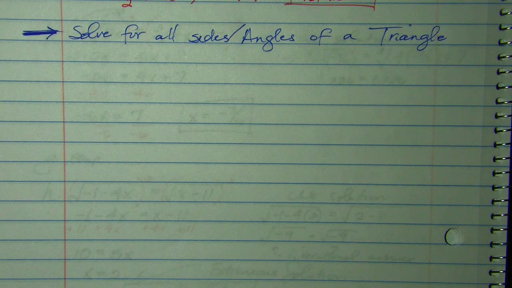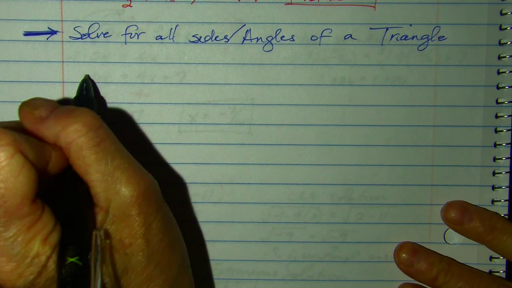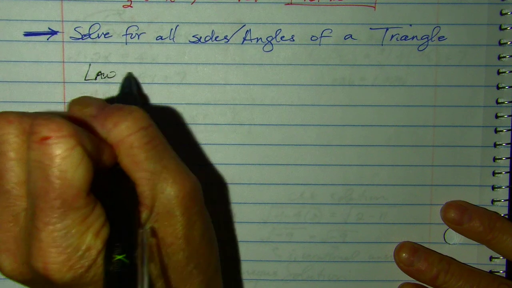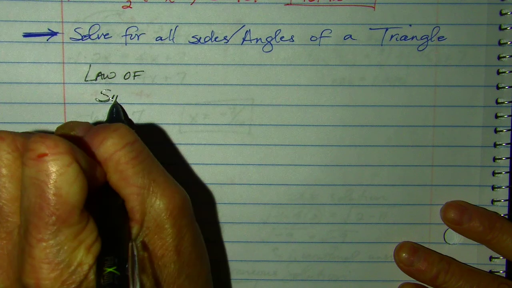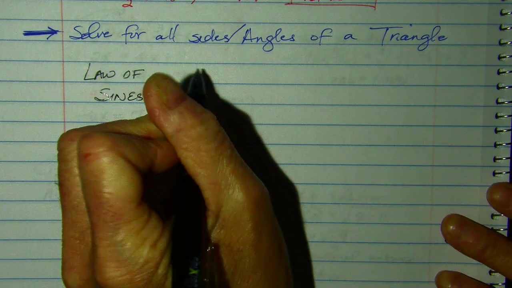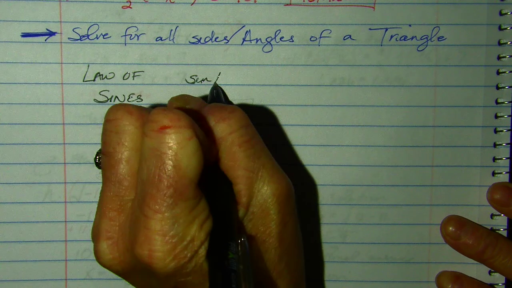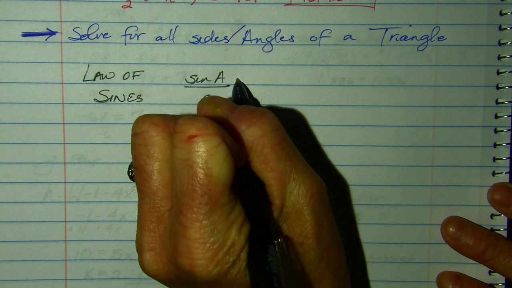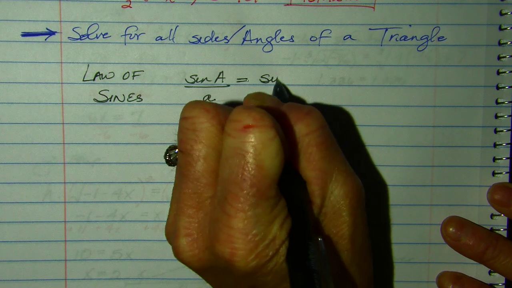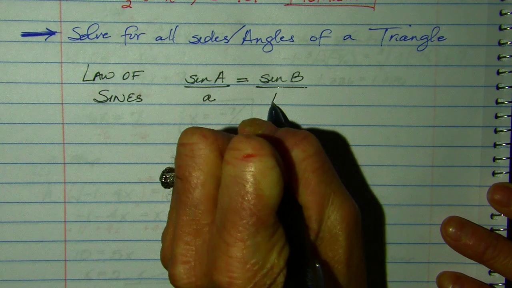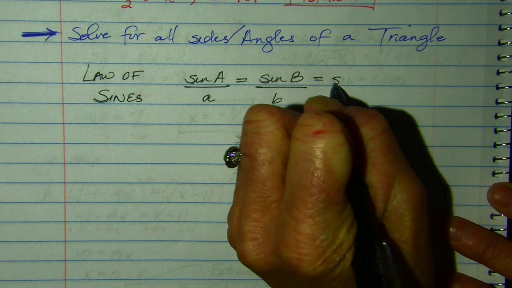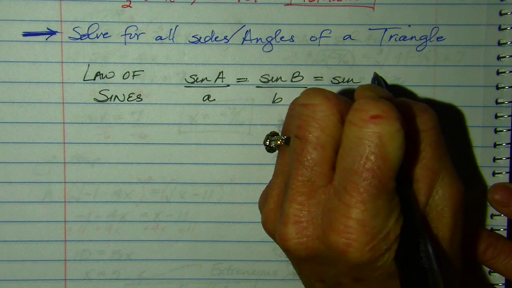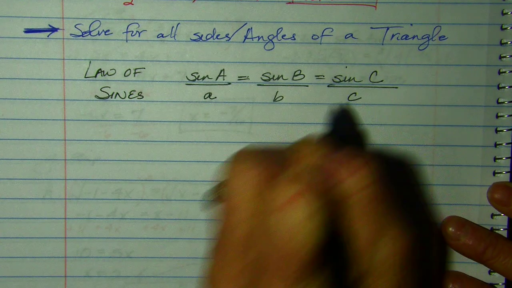I'm going to record our law of sines, and I'll write it down for you. It's also in the book. So here's the law of sines, and then I will explain how to set it up. The sine of angle A over side a should be proportional to the sine of angle B over side b, which also should be proportional to the sine of C over side c.